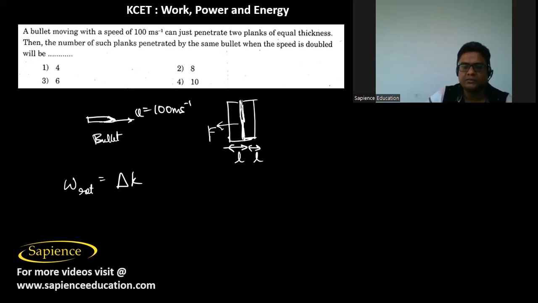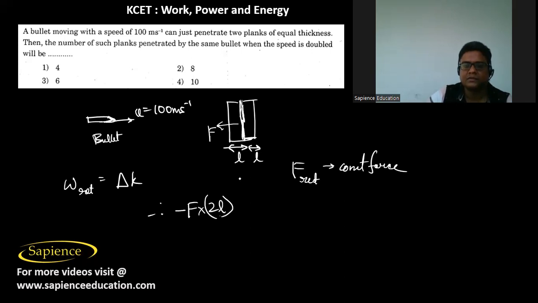Now suppose we consider the retarding force to be constant. So the work done by the retarding force will be minus F into 2L, since the bullet will get displaced towards the right and its displacement will be equal to 2L, and the force is acting in the opposite direction.